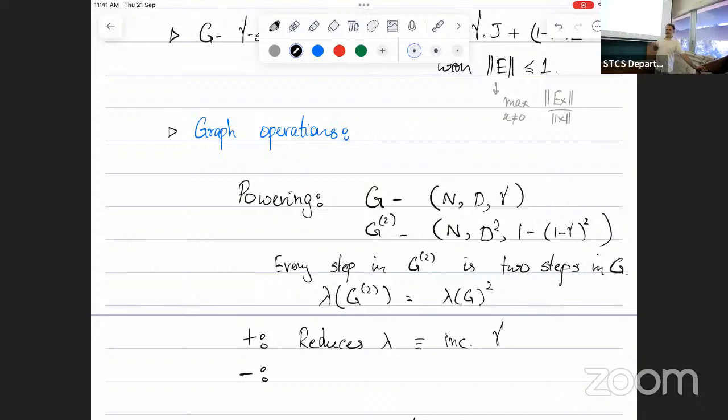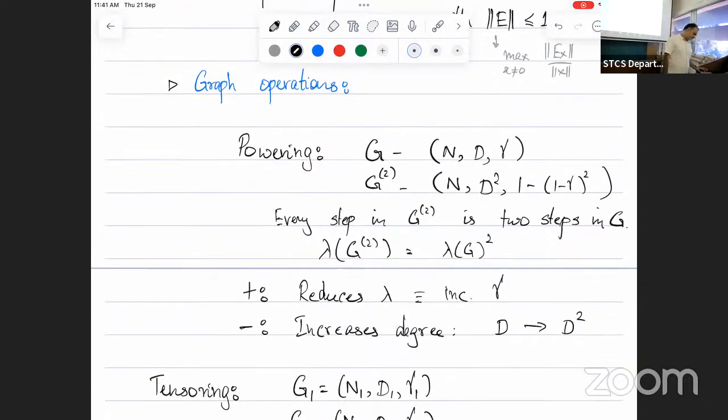So the spectral gap that you want is getting larger, but the bad case is that this increases the degree. If the old degree was d, the new degree is d squared in the process. So the degree is getting worse in this operation.